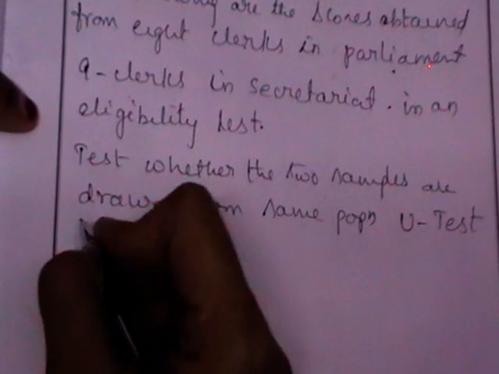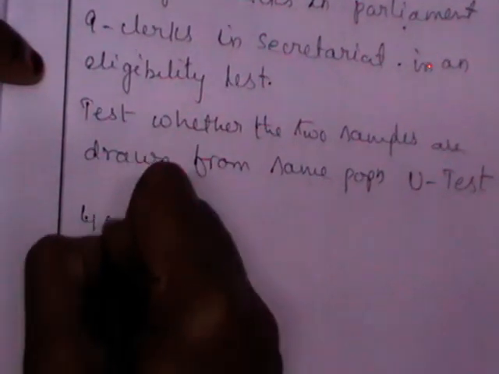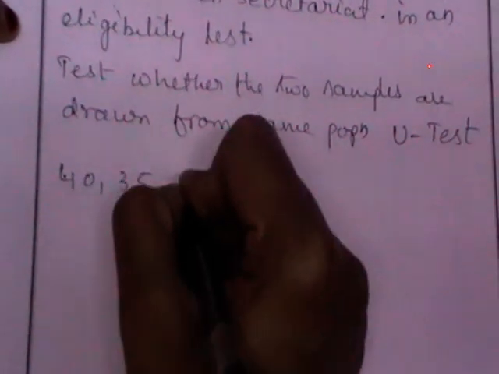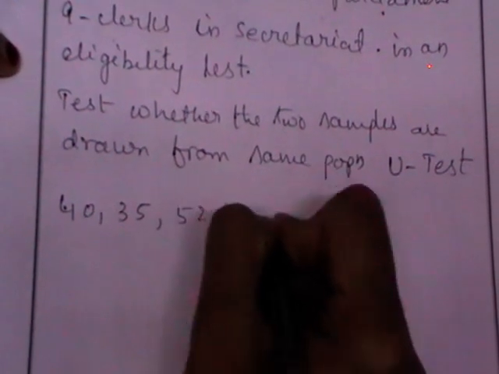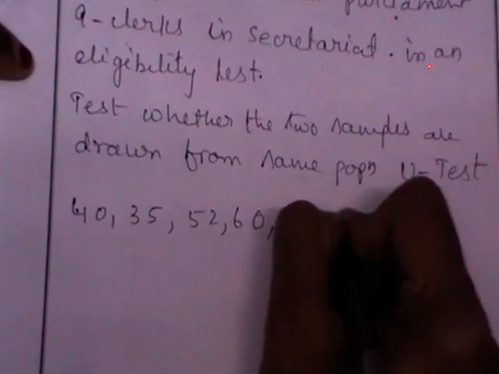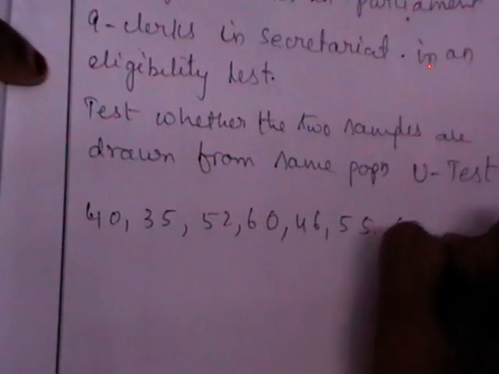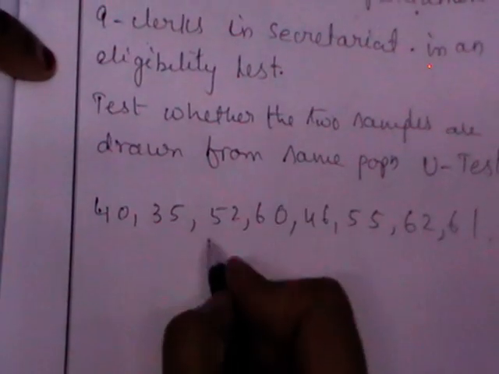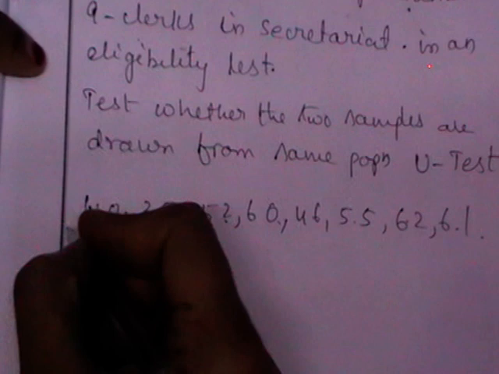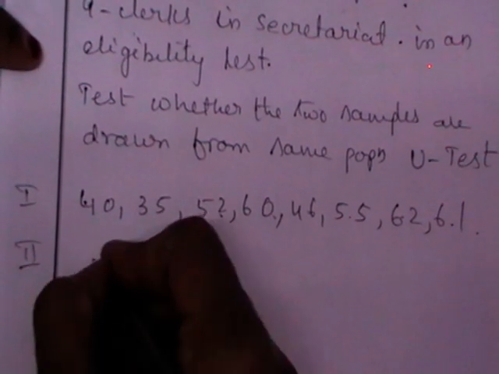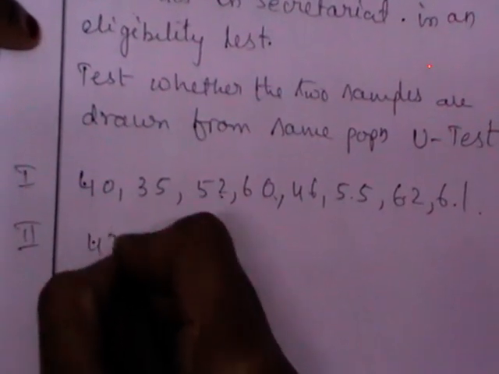The observations given to you for the first sample, the scores of clerks in parliament, are these. And for the second sample, of 9 clerks from secretariat, are these.